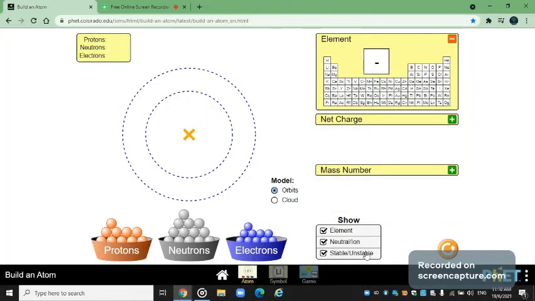I'm so confused. Wait, what? There's supposed to be 3 protons, and there's supposed to be 4 neutrons. 1, 2, 3. There you go. I added 4. Somewhere behind it, there's 1.